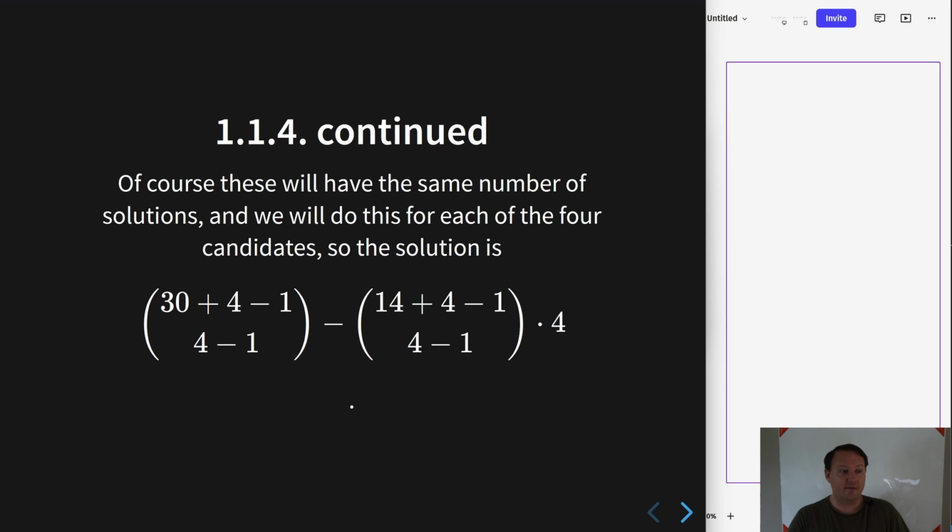And that is why I am free to just multiply by 4 in my solution. So I take 14, which is the remaining votes, plus 4 minus 1, because that's the number of bars in my stars and bars, choose 4 minus 1. And I multiply by 4, and that multiplication is valid because each of these scenarios is disjoint, and you can count them up with exactly the same formula. So I can just add them all together, and it's the same number added 4 times. So you might as well multiply by 4.